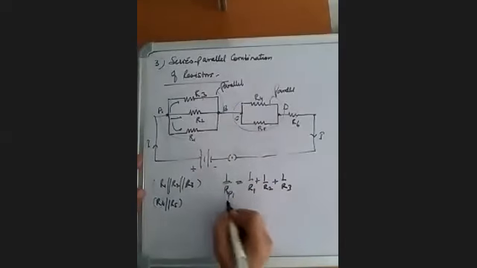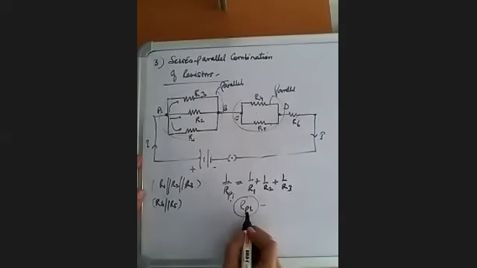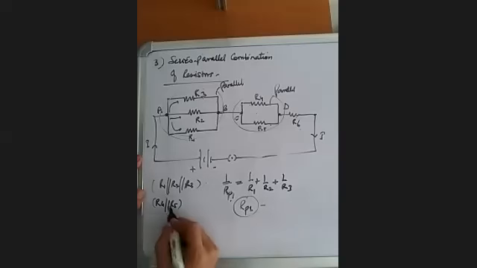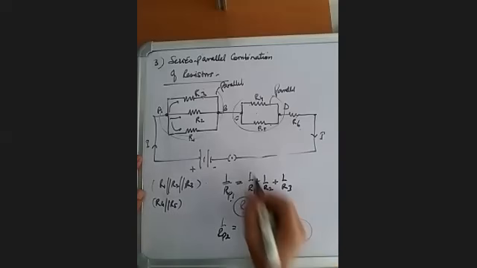So this is how you find the value of RP1, and we can replace this by a single resistor whose value is RP1. Similarly, 1 upon RP2 equals 1 upon R4 plus 1 upon R5. So you can find RP2, the equivalent resistance of this.